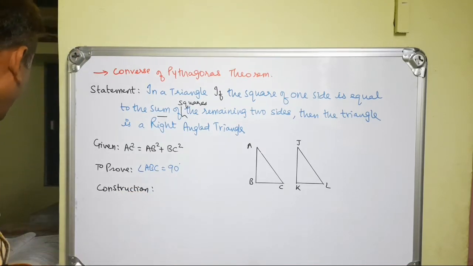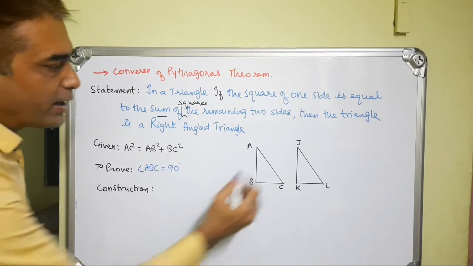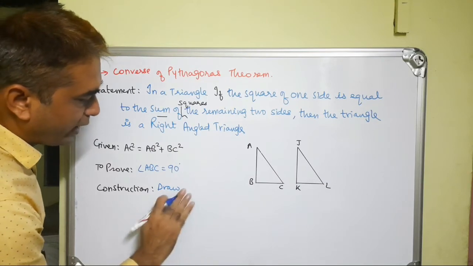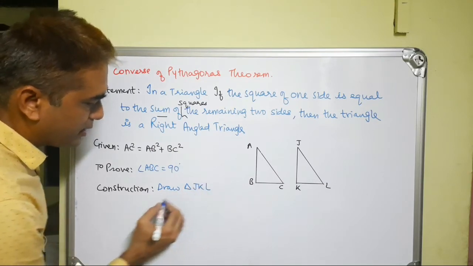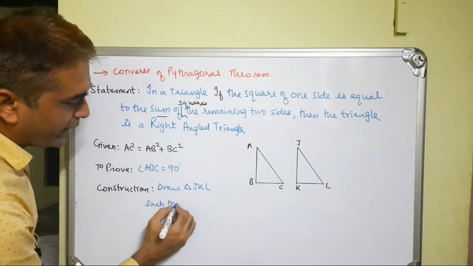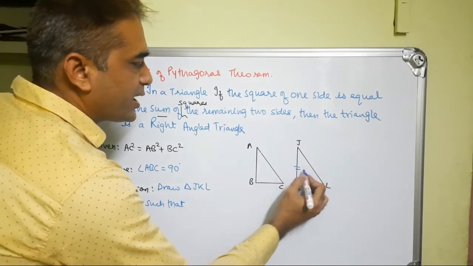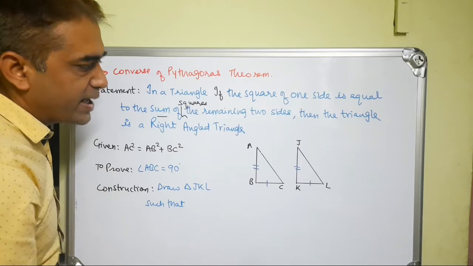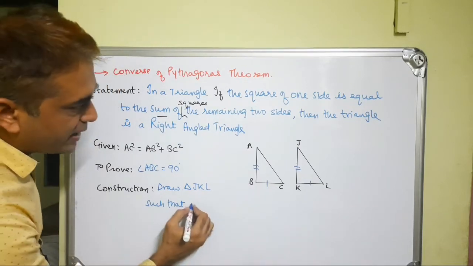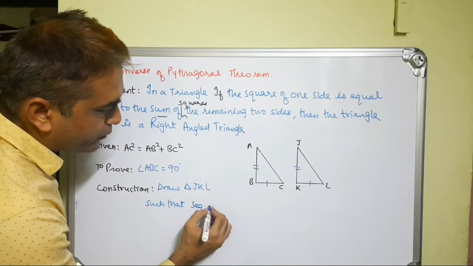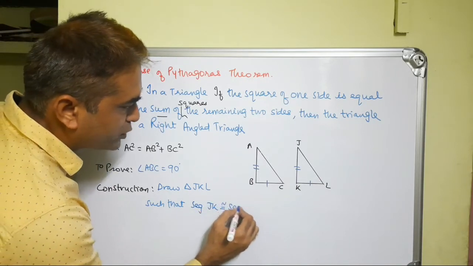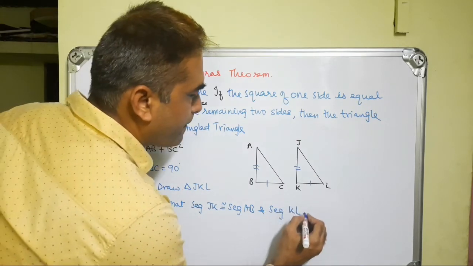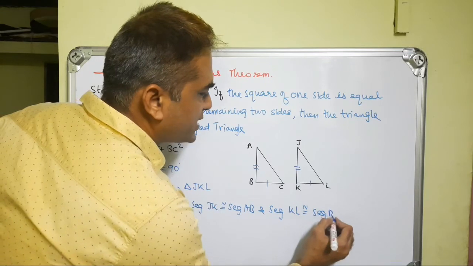In this construction we'll draw triangle JKL, such that segment JK is congruent to segment AB and segment KL is congruent to segment BC.